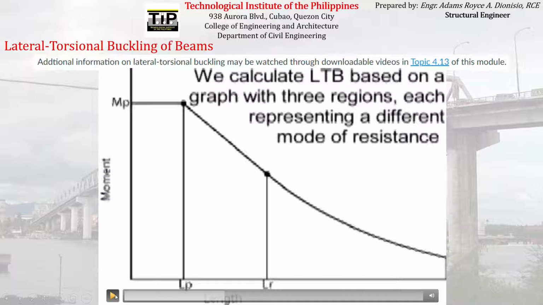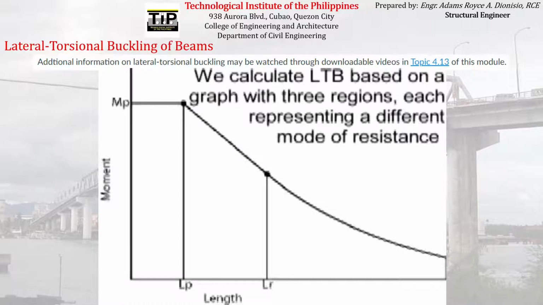We calculate LTB based on a graph with three regions, each representing a different mode of resistance. This graph is similar to the graph that I have shown a while ago. The x-axis is the unbraced length, LB, and the y-axis is the moment capacity of the beam.